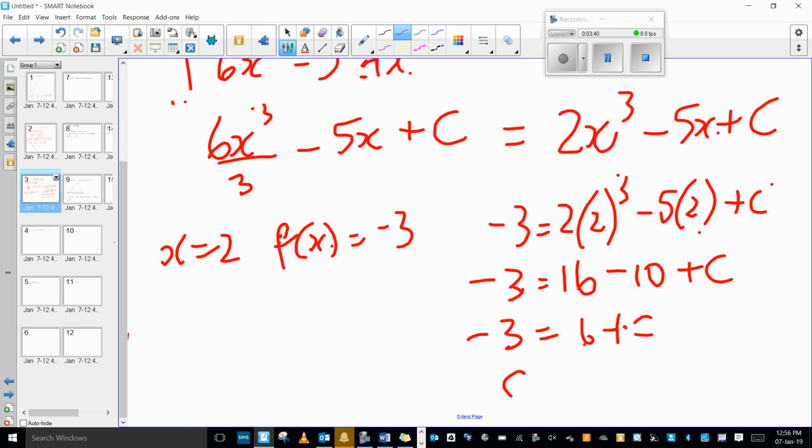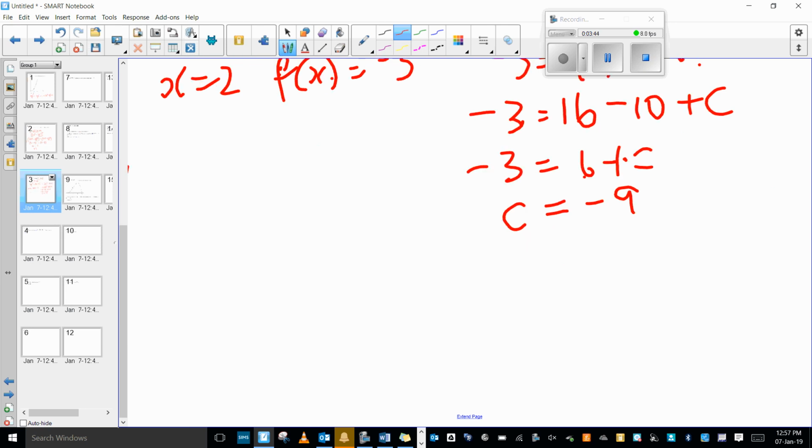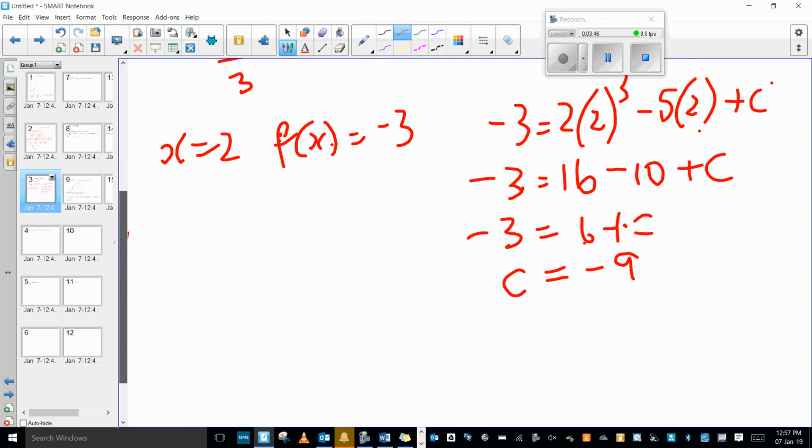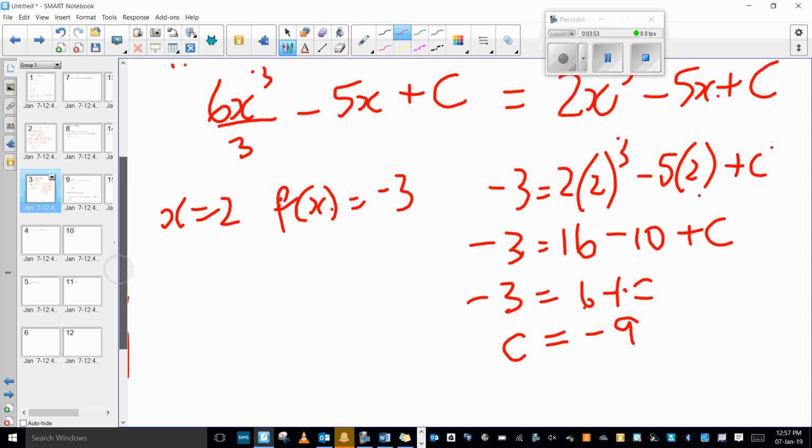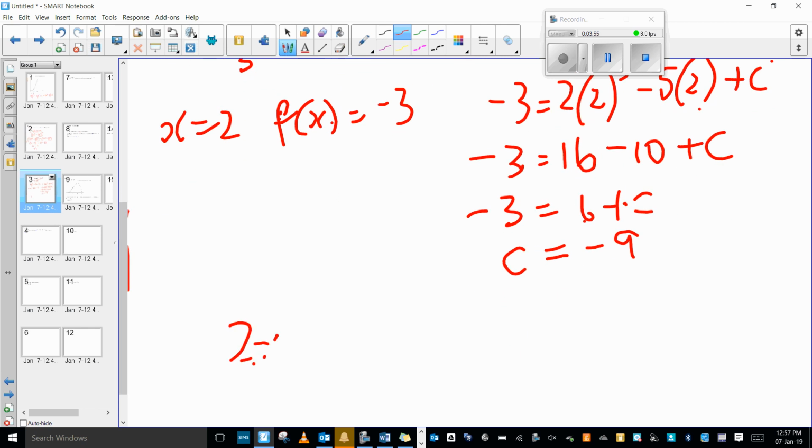And then c is -9, so our function is 2x cubed minus 5x minus 9.